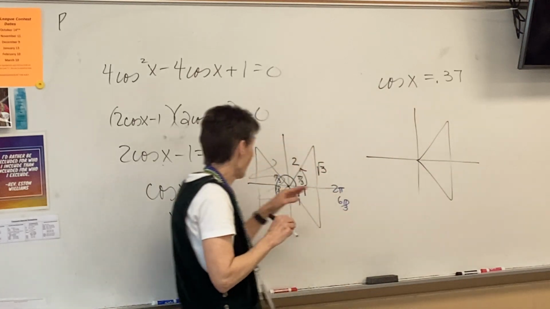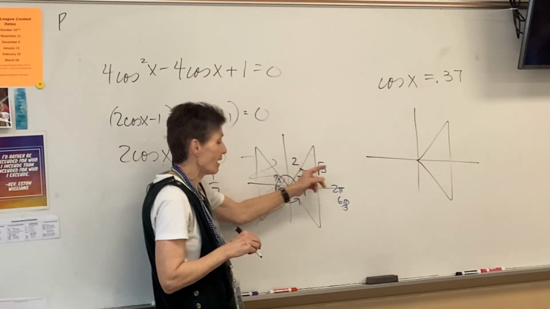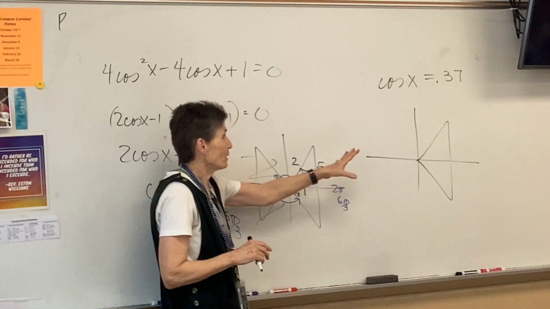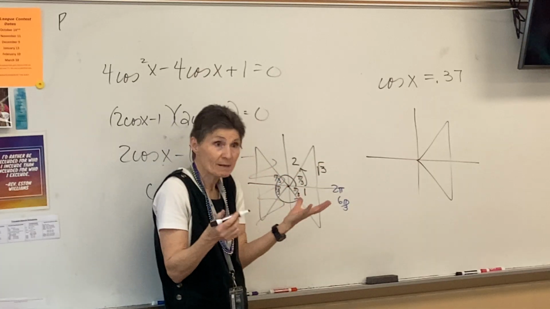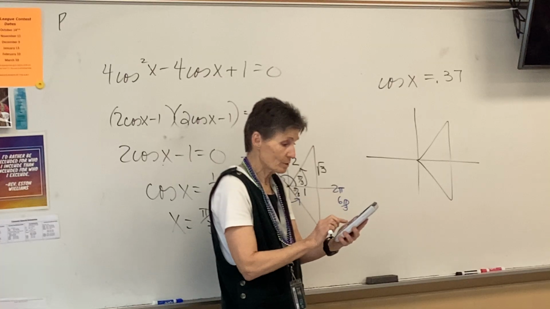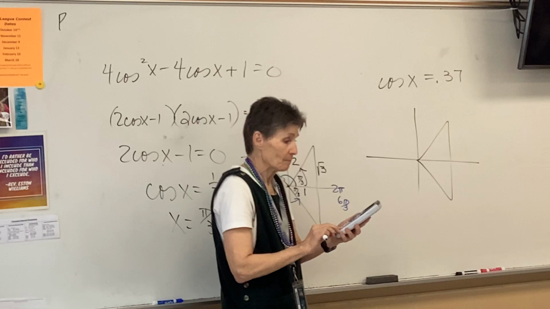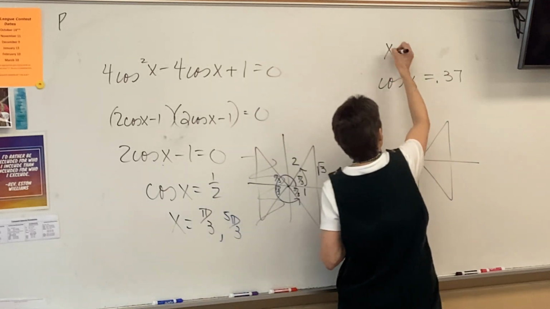Now, when it was 1/2, I had absolutely no problem. 1/2 root 3, I got that. 0.37 is not known to me, so I'm going to use inverse cosine of 0.37. So this is what I type into my calculator.